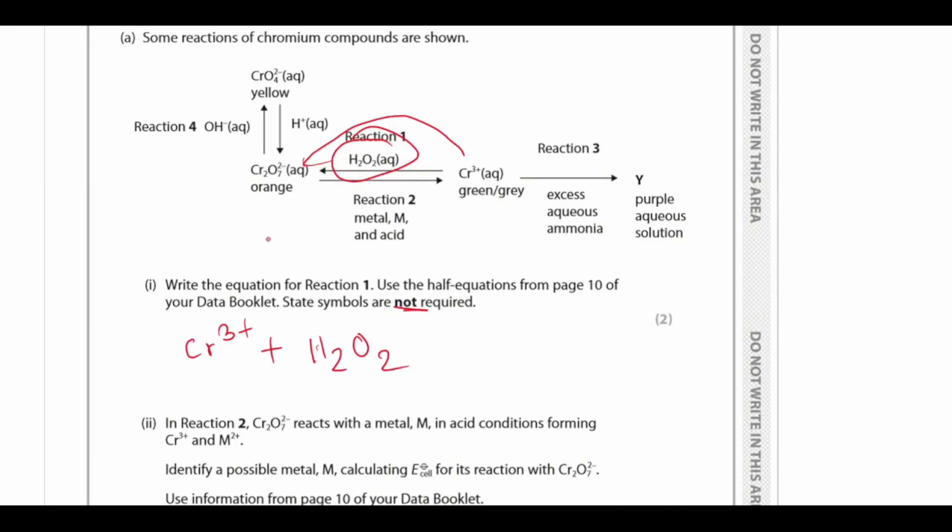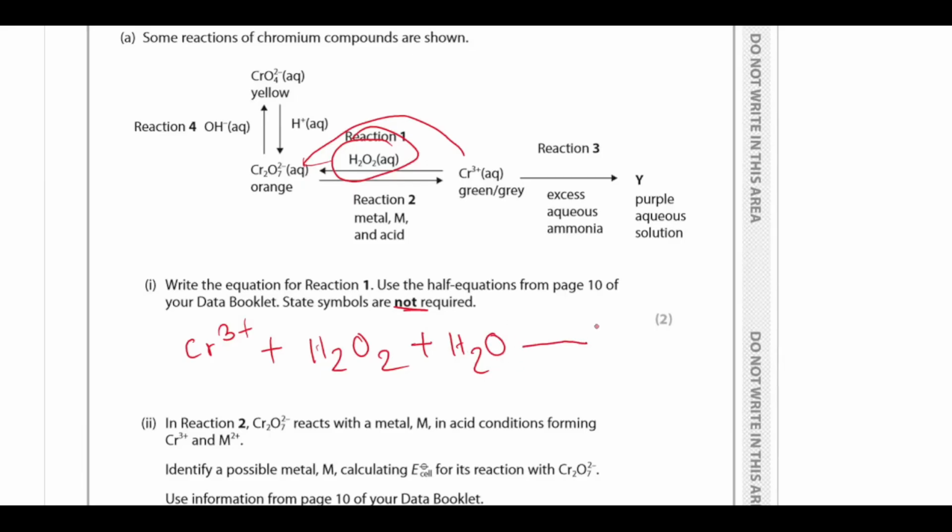H2O2. Now, of course, what is happening down here? An oxygen is getting added, and normally we use water in this case, because if you want to convert something, water is required. So if you want to convert chromium into Cr2O7 2-, according to the data booklet water is provided, so do check it out.